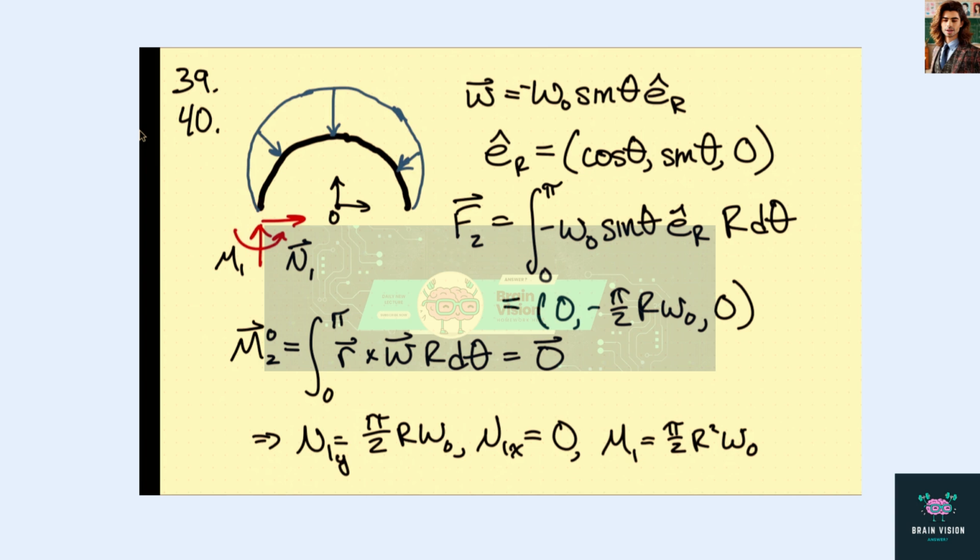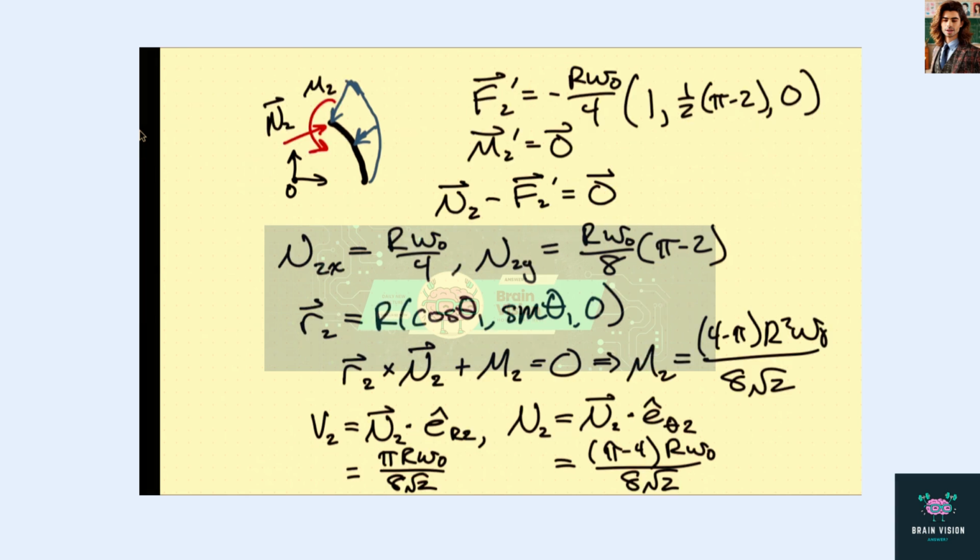Now, for the one problem, they want us to take theta equals 45 degrees, so right here. And for the other problem, they want us to take 120 degrees, so right about here. So let's take a look at the 45 degree angle. Again, I'm going to say that we have an internal force vector that we don't know, just two unknown components, and then an internal moment.